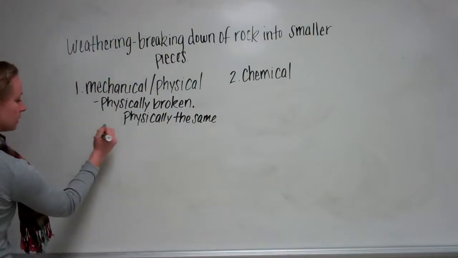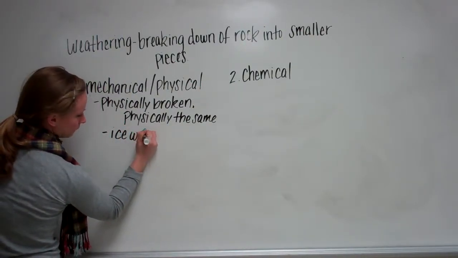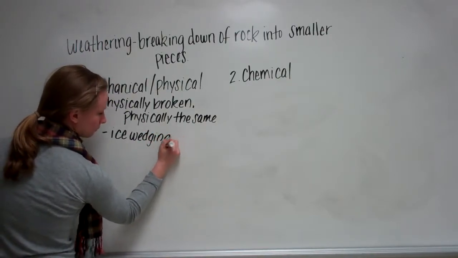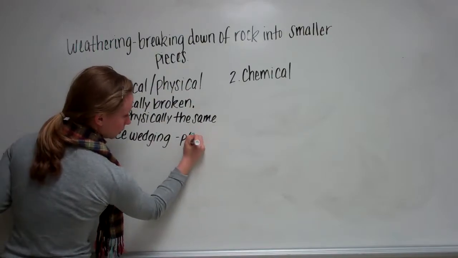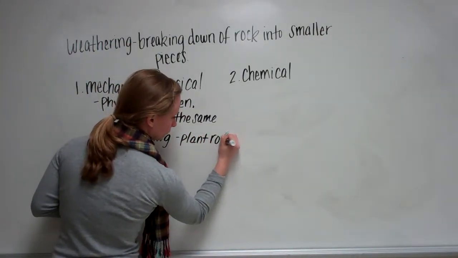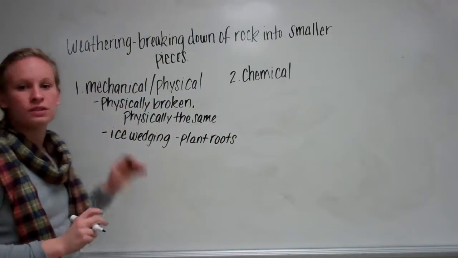So we can have two examples: ice wedging or plant roots. Okay, and so that is mechanical or physical weathering.